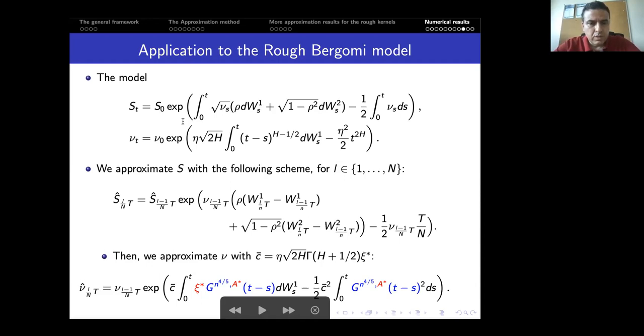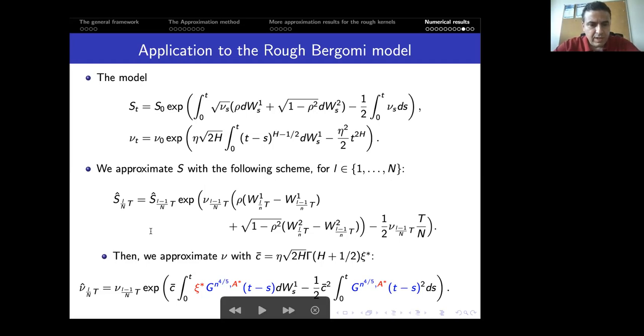Of course, the first thing to do is to approximate the stock price using some discretization scheme. Here we propose to use an Euler discretization. So we freeze the coefficients each time, and we simply have to compute the increments each time.